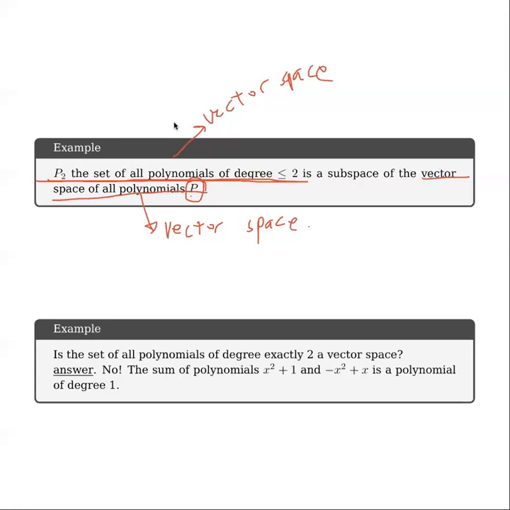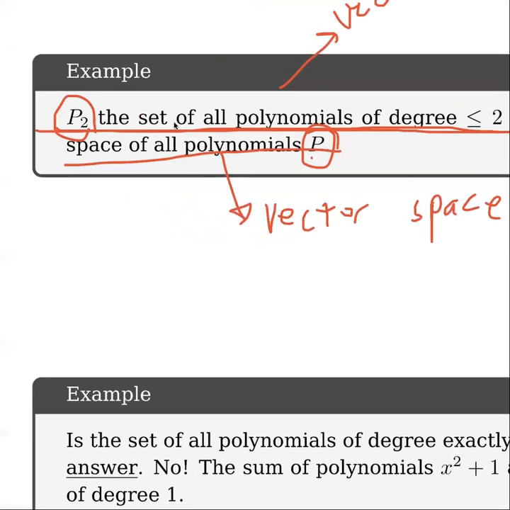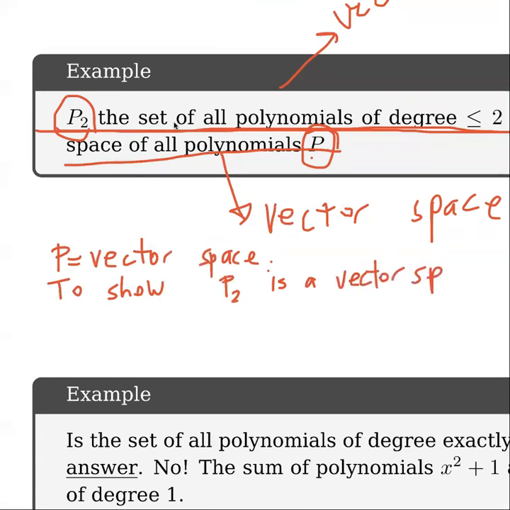So P2 is really a subspace of P. In a way, we can think like this: if we have shown that P is a vector space, then to show P2 is a vector space, we only need to check two properties, not 10 properties.